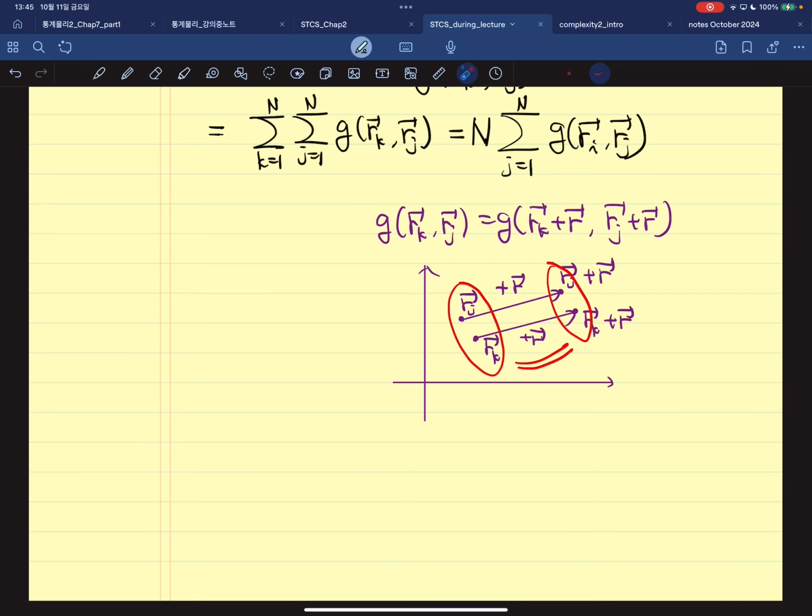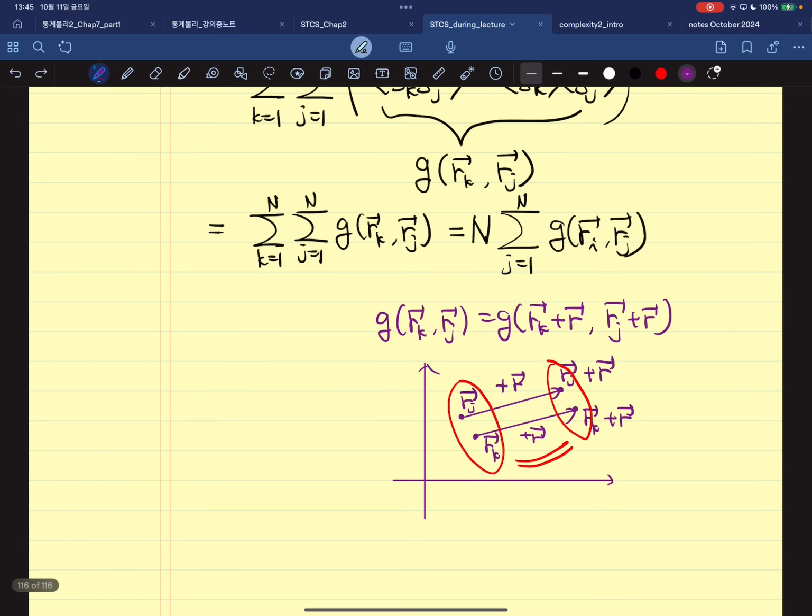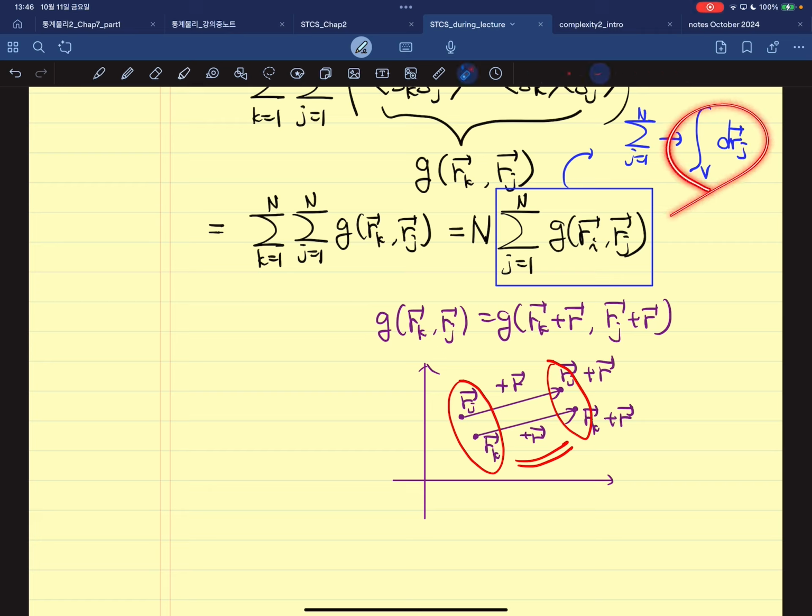And then the final step is to take this summation, by taking the continuum limit, we can actually convert this to integration.